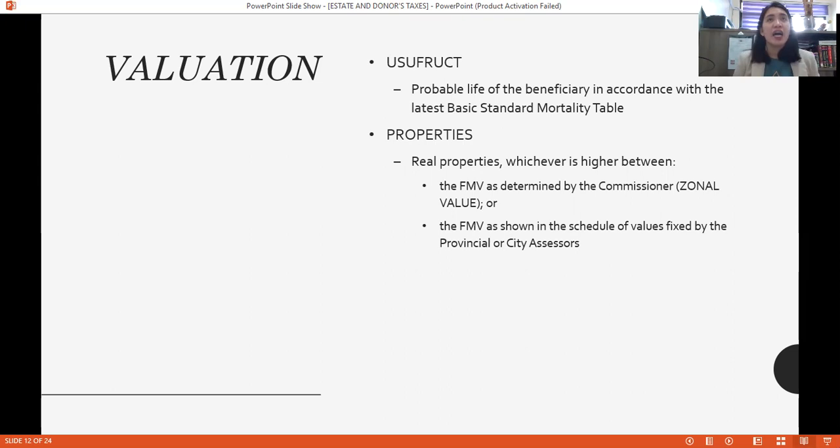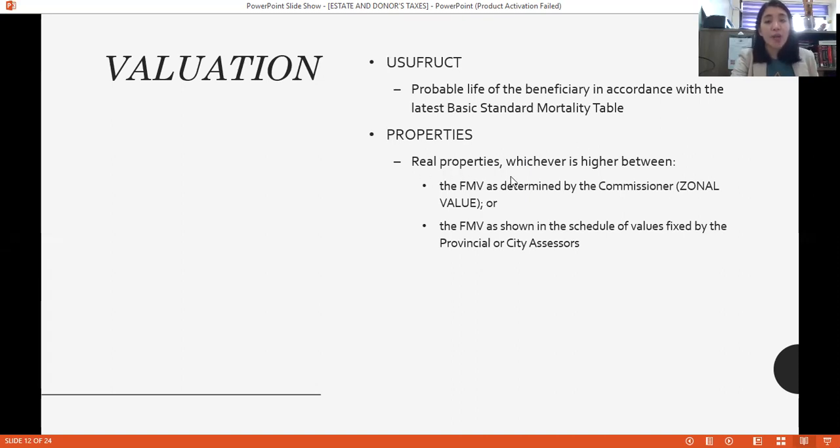So kahit na 10 years, 5 years pa bago mo na-process yung estate tax, hindi magmamatter yon. Balik talaga tayo kung kailan siya namatay. Kaya lang mangyayari, kapag late ka nag-file ng estate tax, mag-i-incur ng interests and penalties. Yun lang ang difference.